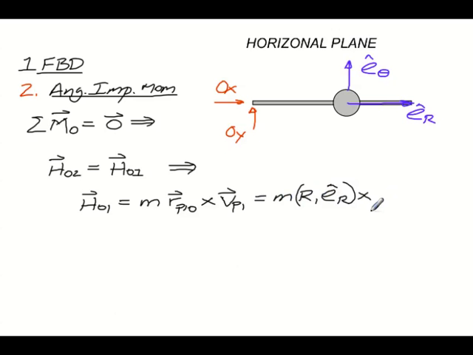Well, the particle P is not moving relative to the arm, so it simply has a theta component, and that's going to be R1 omega 1 in E theta. ER crossed E theta is K, so I have M R1 squared omega 1 K.